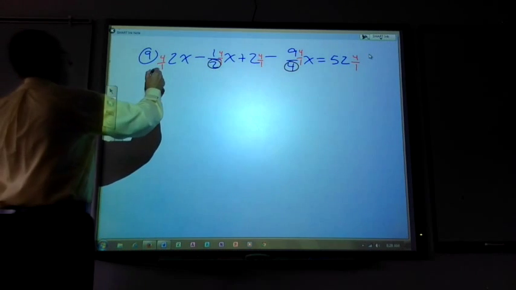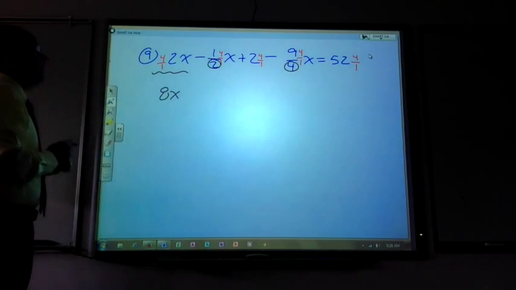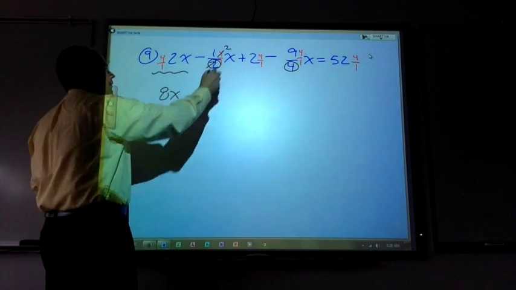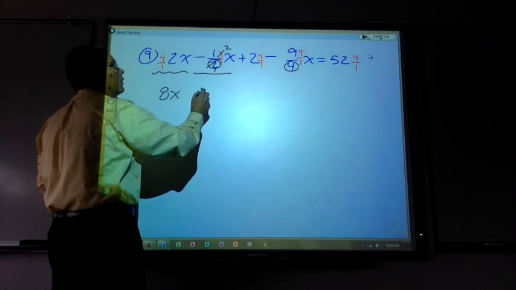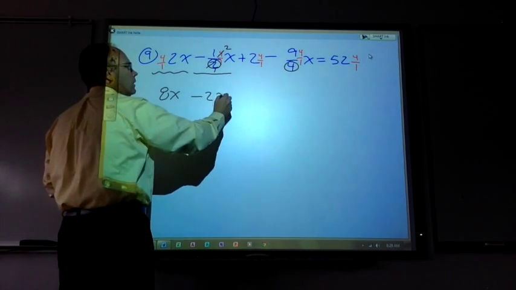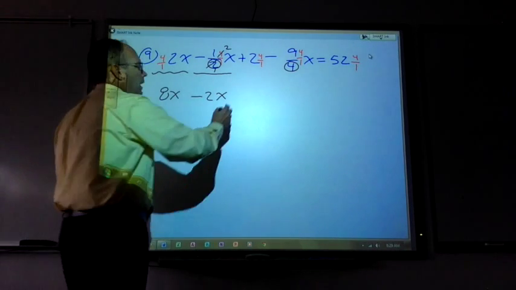So what does this one get? What do we get here for an answer? 8x. Everyone feel okay with that? Yes. Okay. This 2 goes into this 4, so what do I have for this next term? Don't forget everything. Negative 2x. Stopping there. Following that? What about that third term? What does that become? 8.